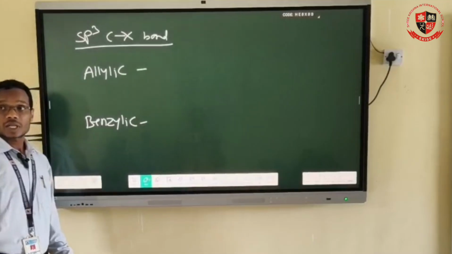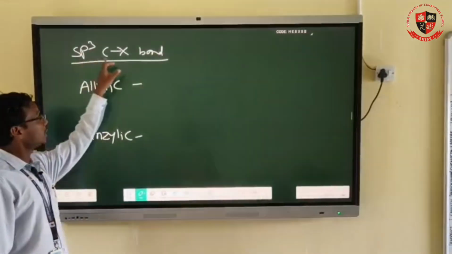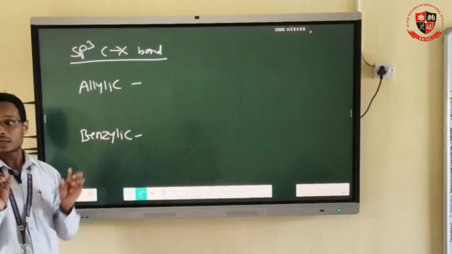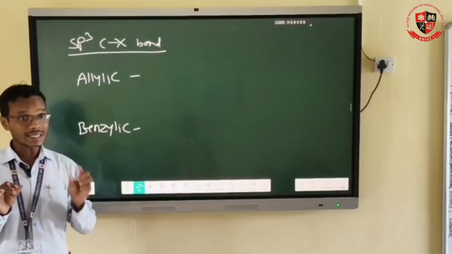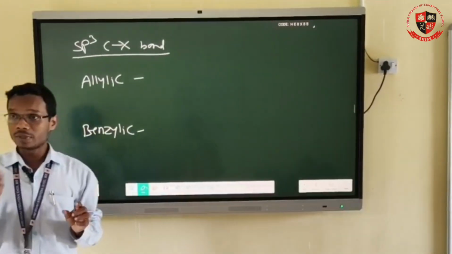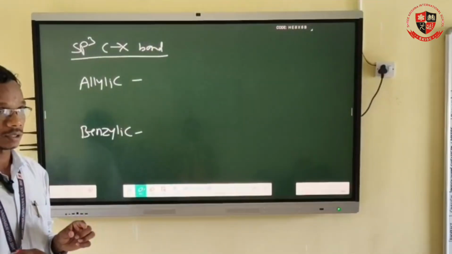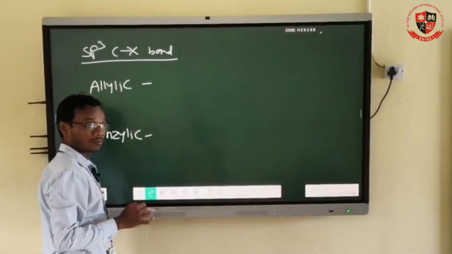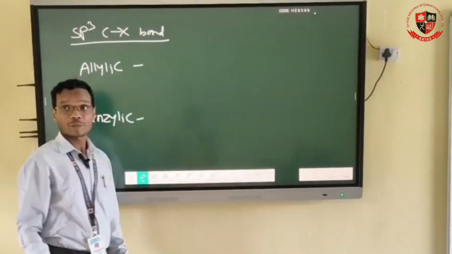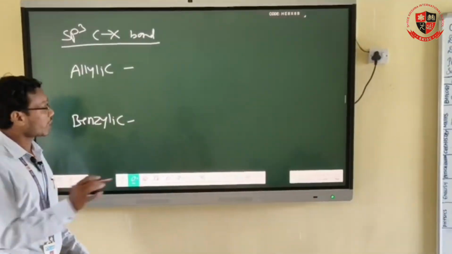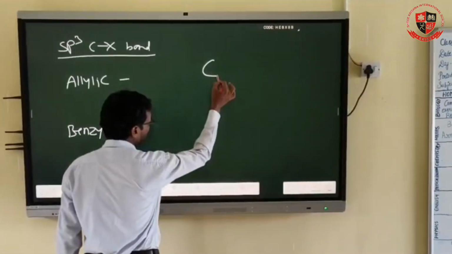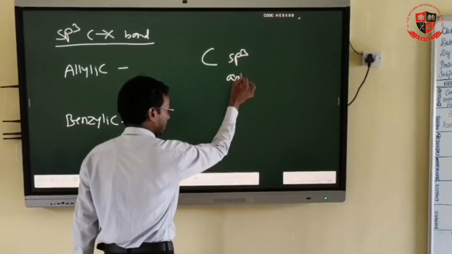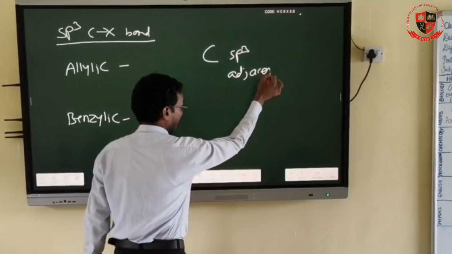Allylic. Listen carefully. In the sp3 C-X bond, the halogen must be attached to a carbon atom having sp3 hybridization. So what happens in this category of compound? The halogen is linked with an sp3 hybridized carbon atom adjacent to a double bond. Remember the word adjacent.